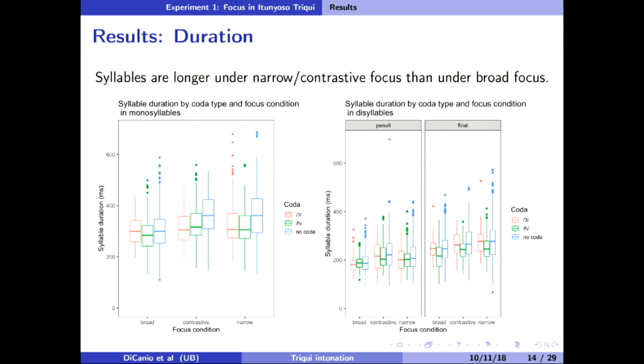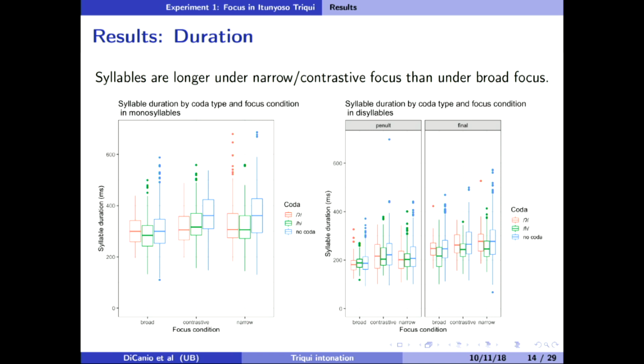So if we were to begin to look at some of the results that we found, there are 2 figures on the slide. They are looking at duration in monosyllabic words on the left and disyllabic words on the right. And what I wanted you to take away from this is there's a pattern whereby the contrastive and narrowly focused contexts have a slightly higher duration than those in broad focus, which are the ones on the left.